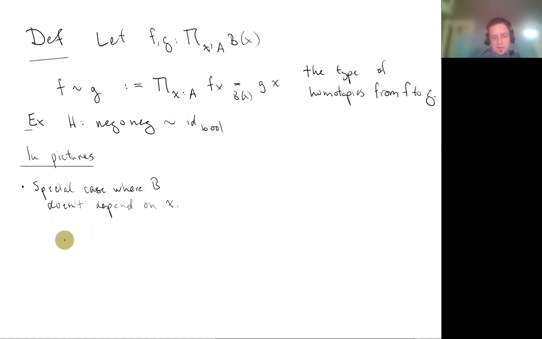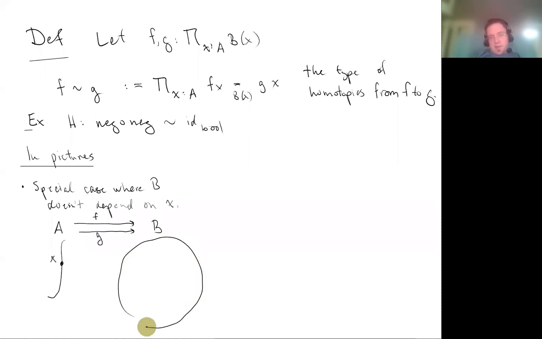So let's say I'm going to draw A as a sort of one-dimensional thing, but it could be a bag of things. Let's say we have an arbitrary element X in A, and we have these two functions, A to B, non-dependent functions. And let's say we're drawing B as this bag of stuff.